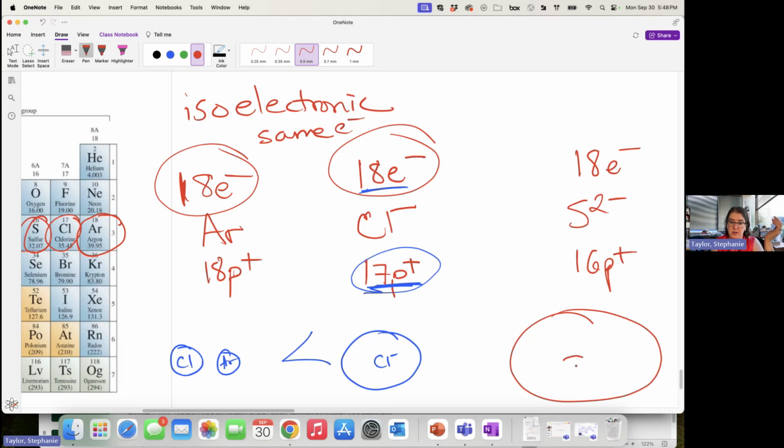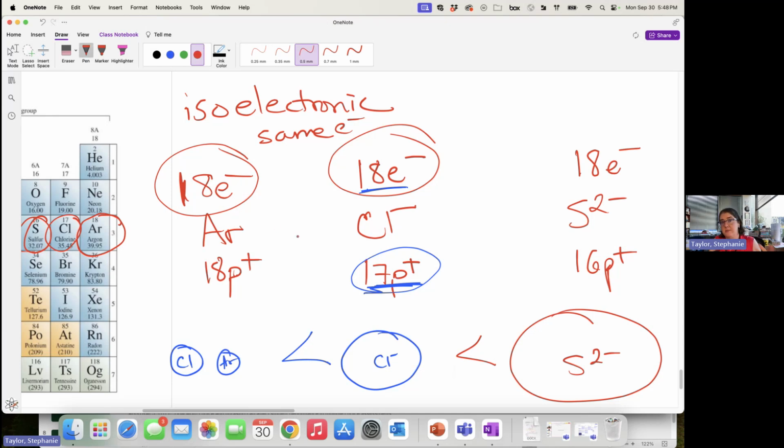This thing should be even larger than the chloride ion. When I'm ranking isoelectronic species or noble gases by size, I usually grab where they are on the periodic table, but I'll also look at their ratio of protons to electrons, because essentially the fewer protons they have to hang on to the same number of electrons, the larger they are.